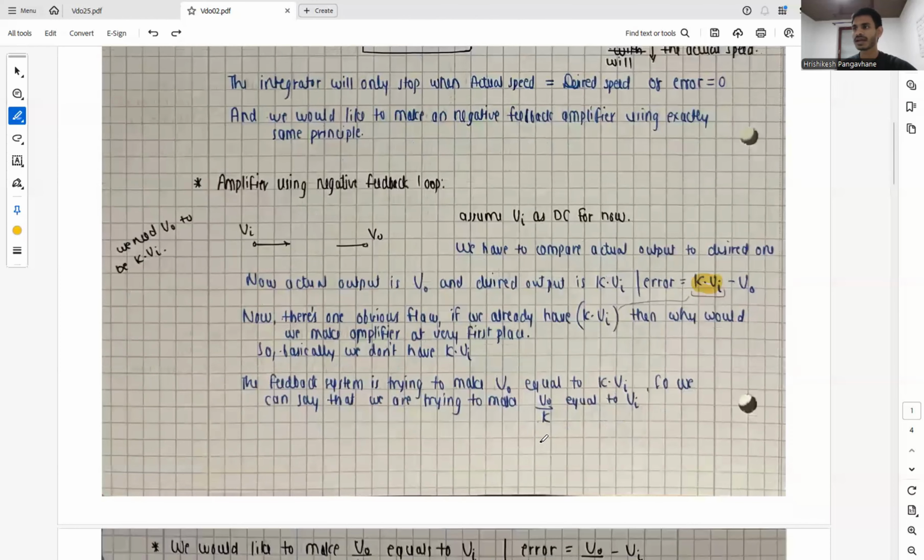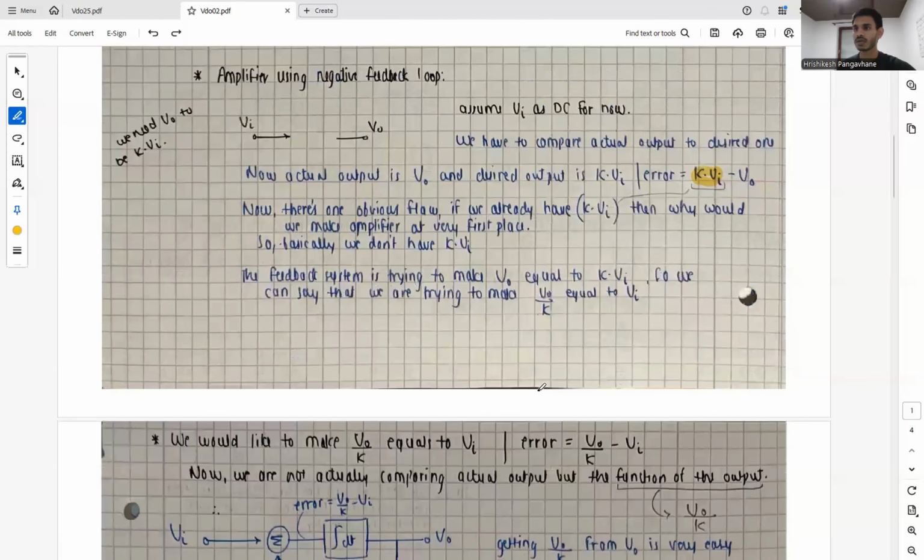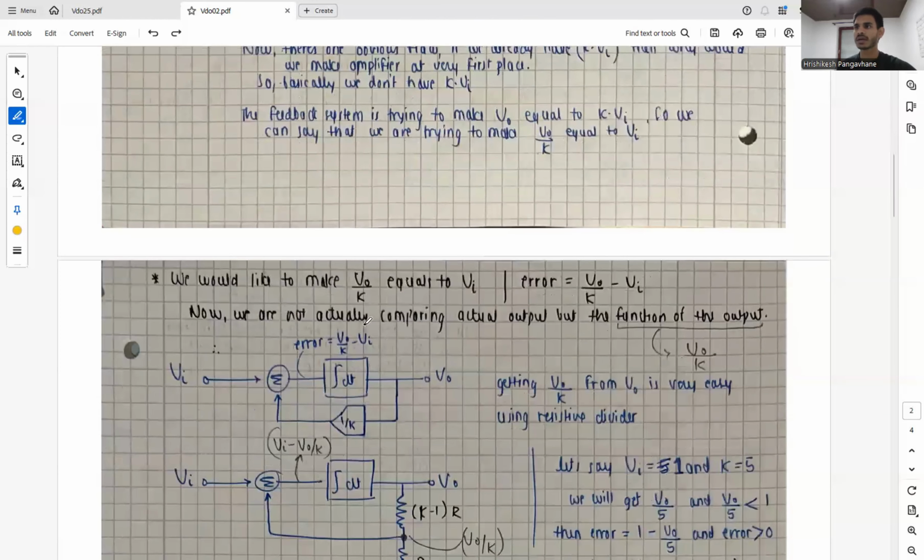So this is how we can define our negative feedback loop, and we would like to make our V naught by K equal to Vi, and thus we would like to make our error look like V naught by K minus Vi. And now we are defining our error in a proper way without any flaw.